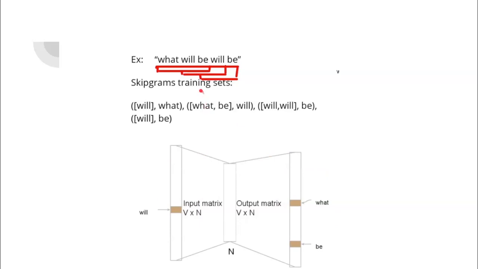So for that, I will consider the context here. The input to this neural network will look like this: "will" is converted into one, whereas the other vocabulary words such as "what" and "be" are marked as zero, so it will look like 0 1 0.